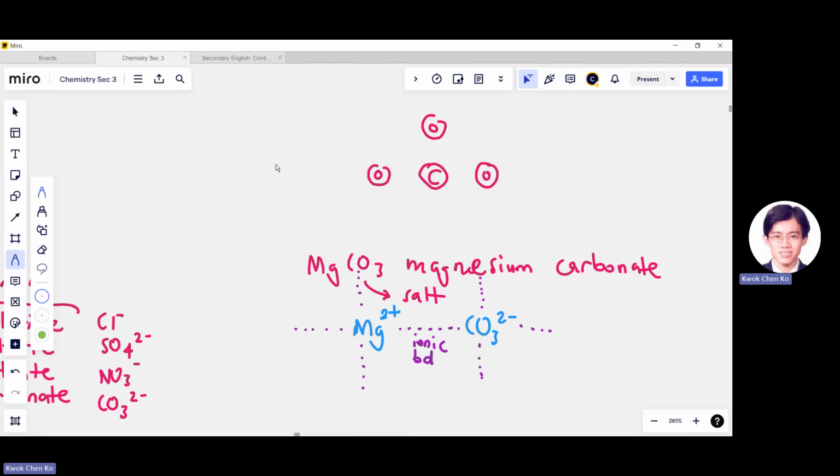Okay. Yes, that is the important thing. In other words, in between this, they are actually covalent bonds. In fact, 3 covalent bonds. And the whole thing is charged. It's 2 minus.